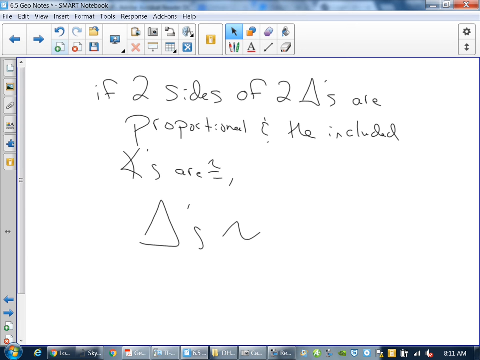You're going to be given 2 sets of side lengths and an angle congruent between the 2, and the questions will be very much like the one we just did, where it says find the value of x that makes them similar. Instead of going through all 3 side lengths, all you have to do is go through 2 of them.